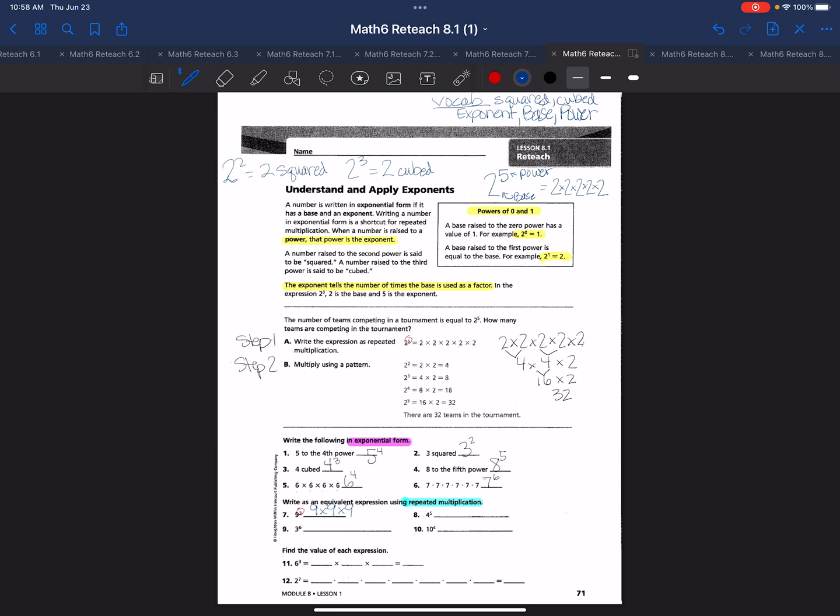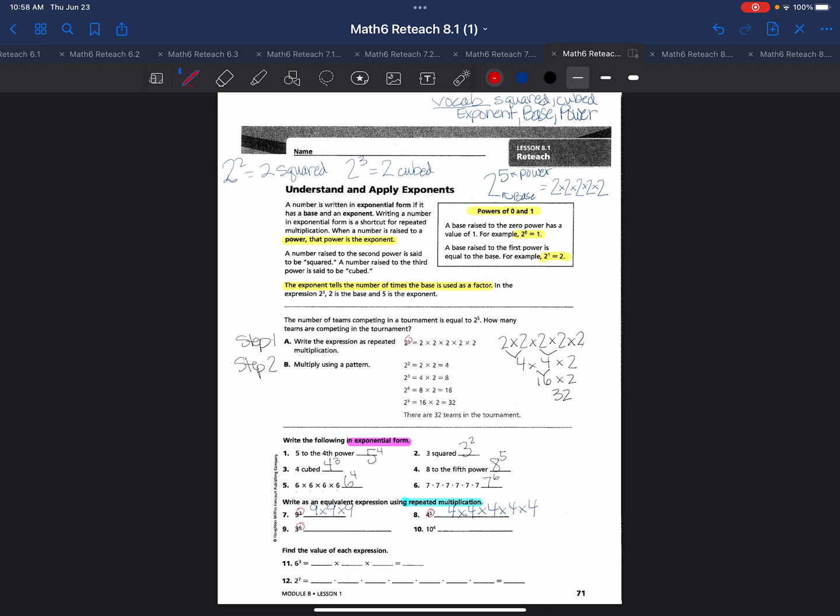The next one is 4 to the 5th power. So again, this exponent is going to tell you the number of times the base is used as a factor. So that's 4 times 4 times 4 times 4 times 4. The next one says 3 to the 6th power.